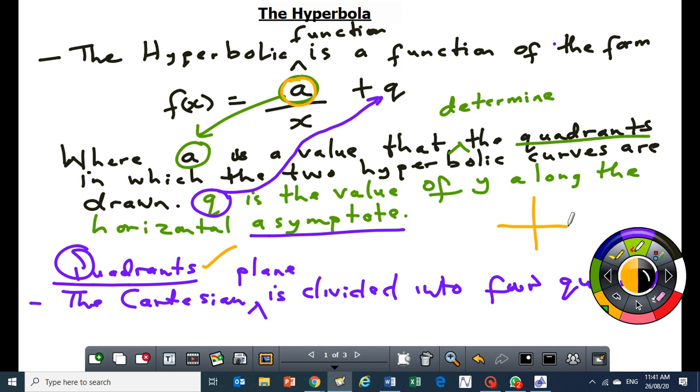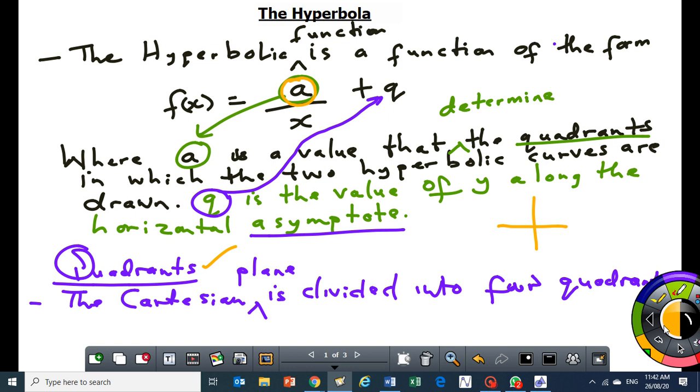So we've got quadrant 1, quadrant 2, quadrant 3, quadrant 4. You start from the first quadrant and go in an anti-clockwise direction. So the Cartesian plane is divided into four quadrants.